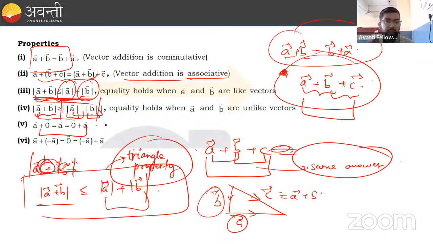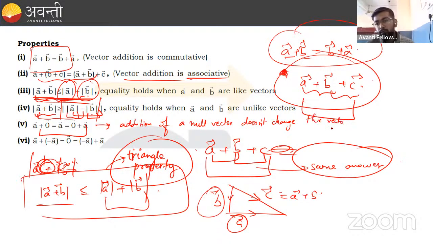Now, addition of a null vector doesn't change the vector. The first thing to understand is that whenever you add two vectors, this is a bar, this is minus a bar.